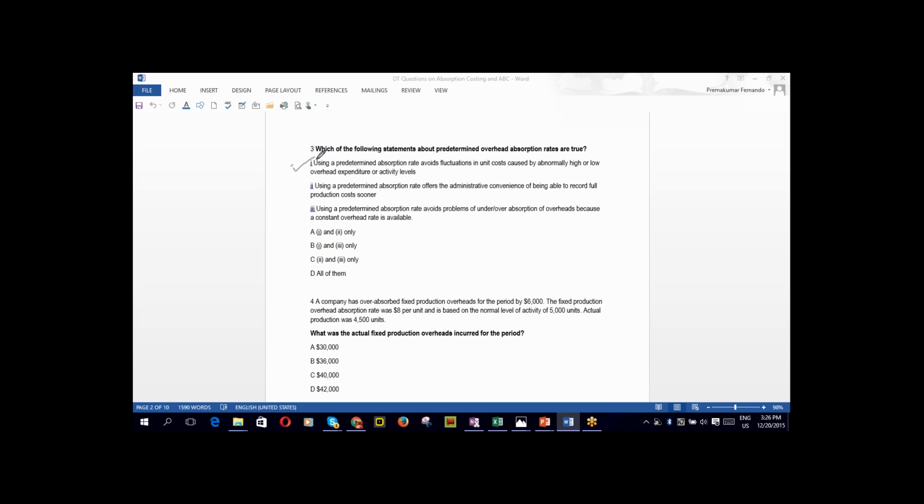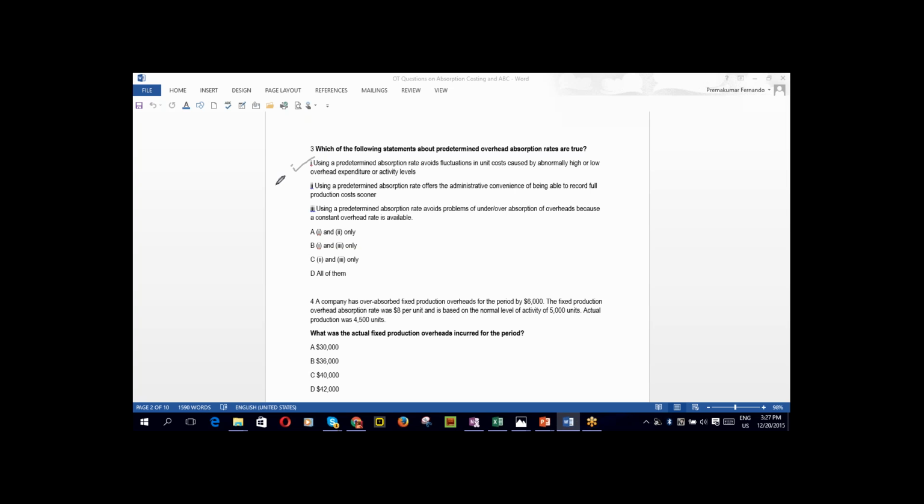Then, using a predetermined absorption rate offers the administrative convenience of being able to record the full production cost sooner. That is also right. Because otherwise you have to wait till the end of the period to find out the actual cost, and that will be too late, and that will make administration very difficult.